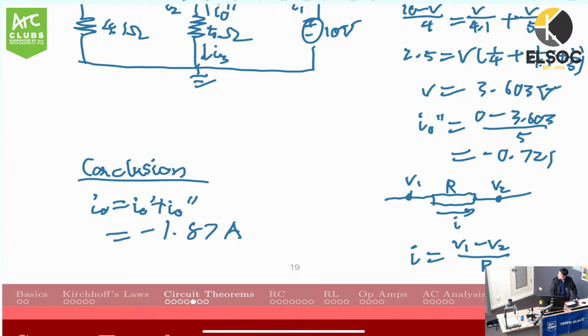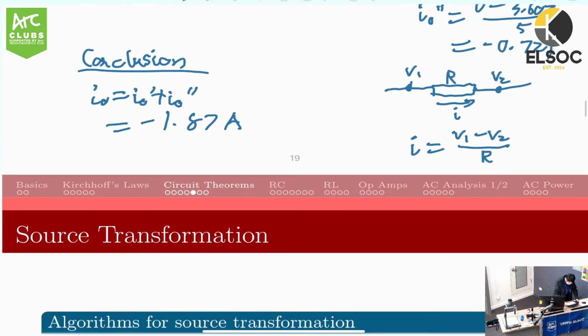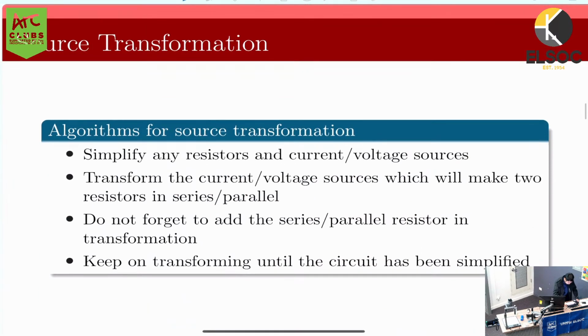Our voltage has to drop across a resistor. If a current I actually flows here, then V1 actually needs to be greater than V2, so we find a potential difference. Cool. Good. Next one.